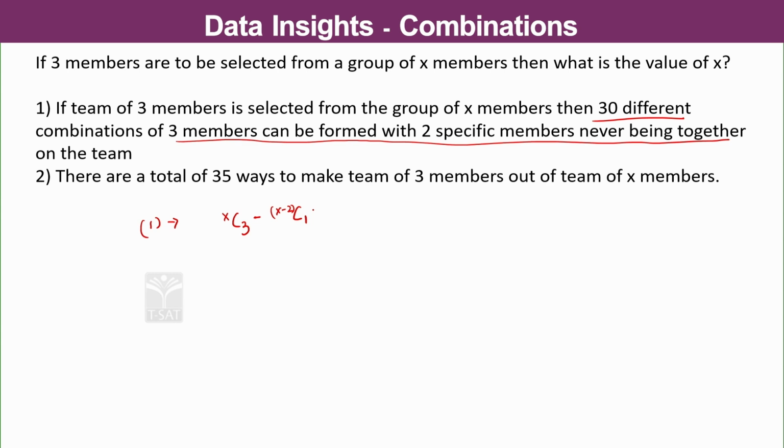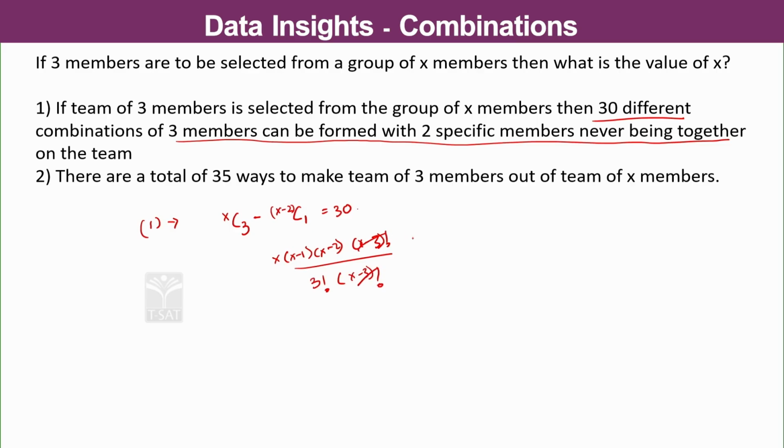So, this will be equal to 30. XC3 is X into X minus 1 into X minus 2 into X minus 3 factorial, divided by 3 factorial into X minus 3 factorial.